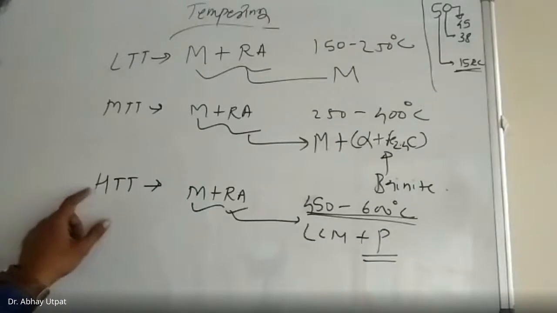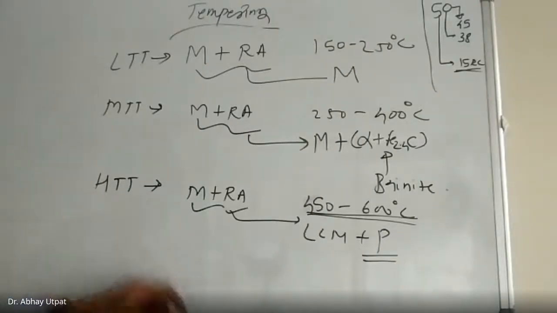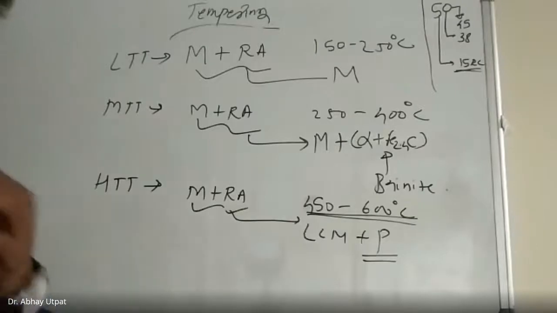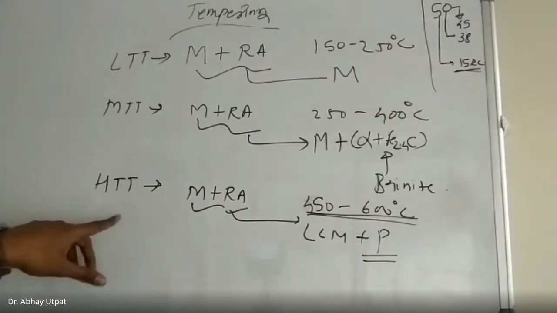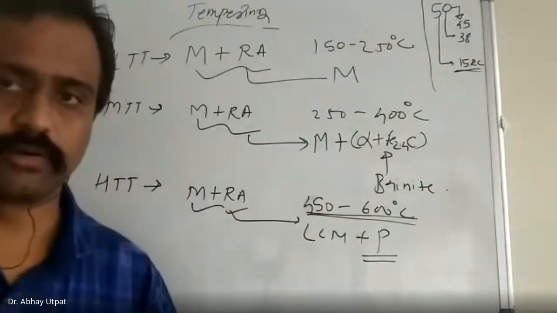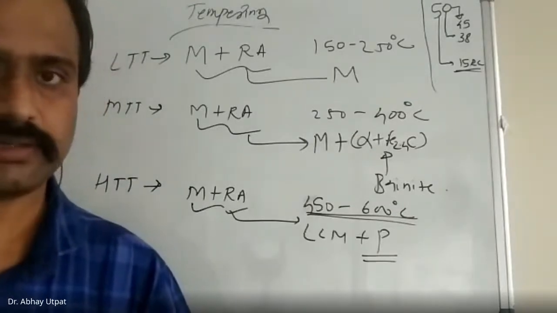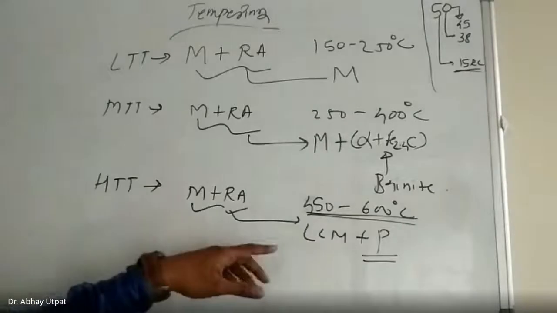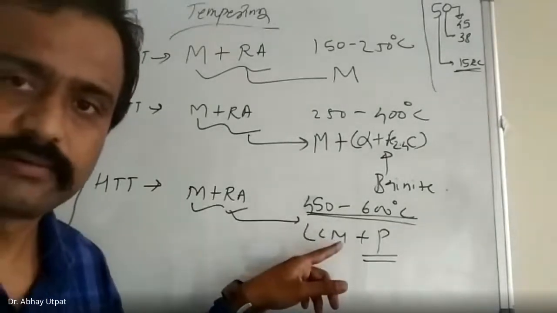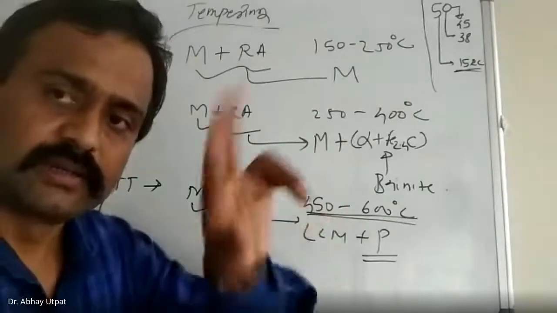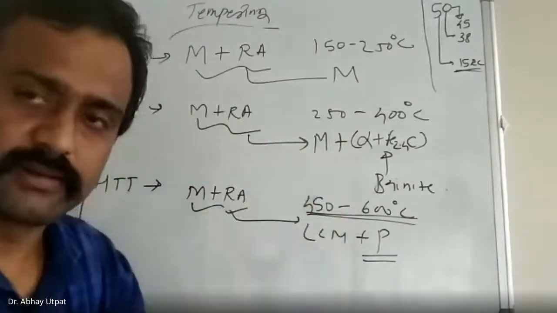Third, high temperature tempering. It consists of heating the hardened samples to a higher temperature, in bracket, less than A1.